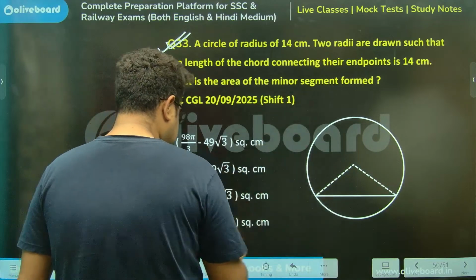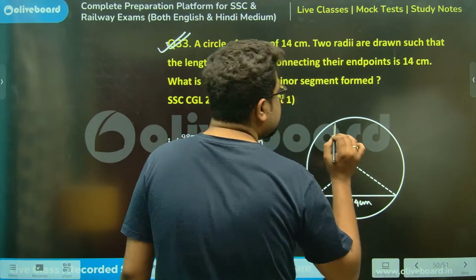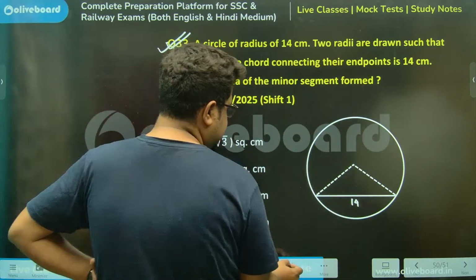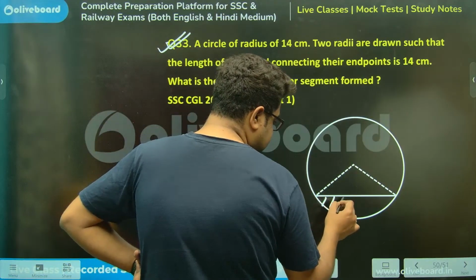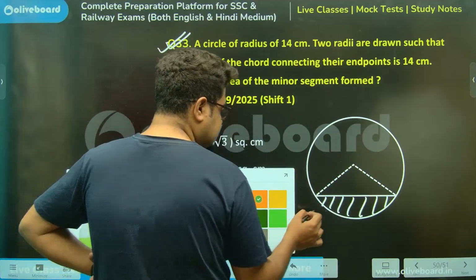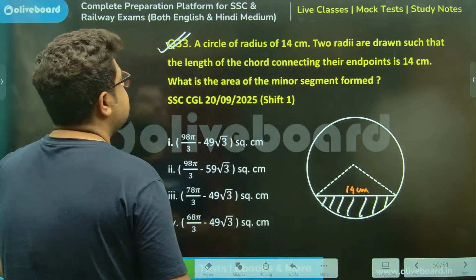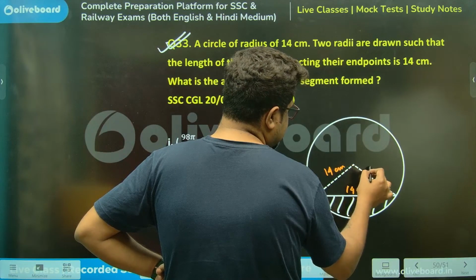Now, this is 14 centimeter. What is the area of the minor segment formed? Sir, again, the same question, but the data this time is different. They have given you this is 14 centimeter, but radius, I guess, is also 14. Okay, so sir, this is not very difficult.